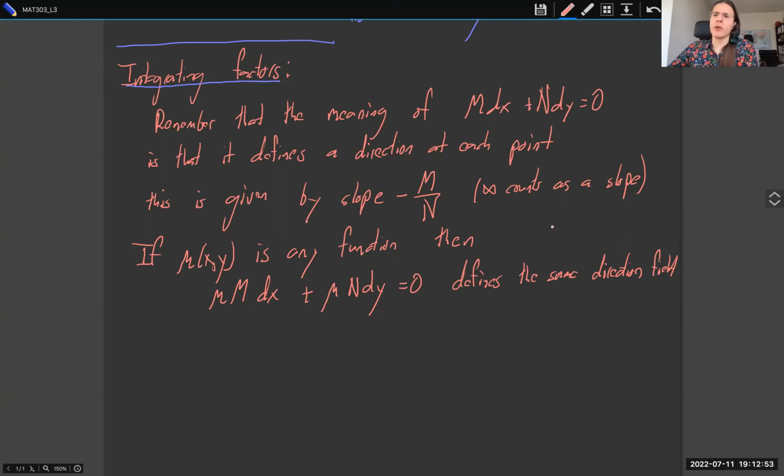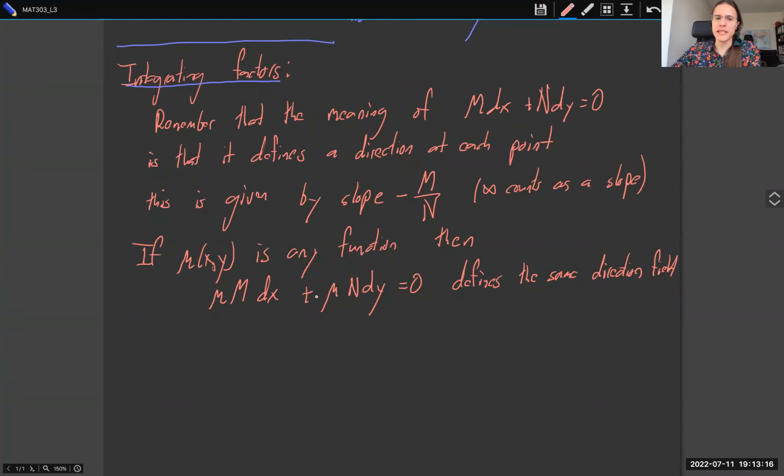Obviously there are some super silly things you can do. For example, you can take mu equals 0, and then that doesn't define a direction field at all. But assuming that you multiply by something that's invertible at least almost everywhere, you're going to get the same direction field at least almost everywhere.